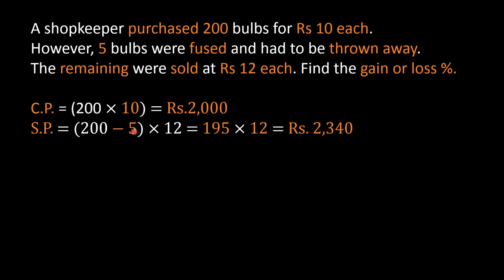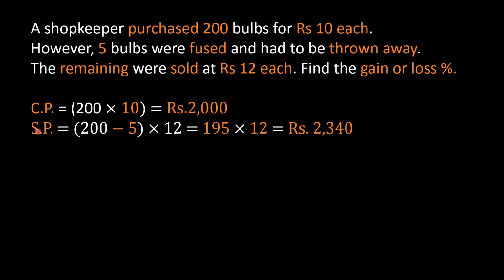200 minus 5 multiplied by 12, which will be 195 multiplied by 12, which is rupees 2340.